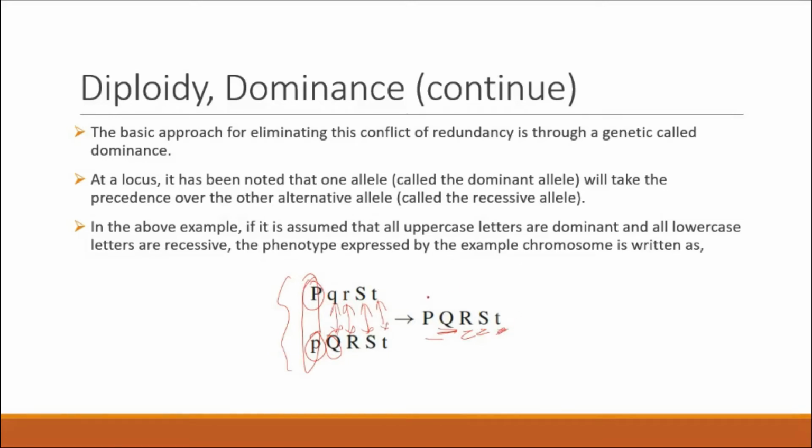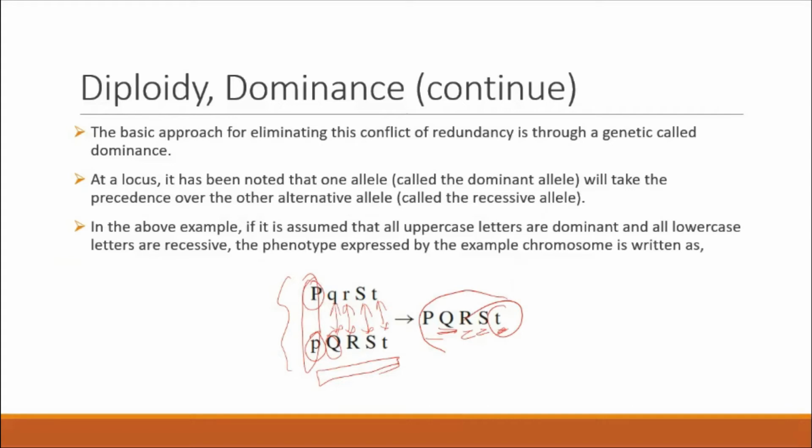So decoding this particular diploid chromosome, what we will obtain is capital P, capital Q, capital R, and capital S, and the last letter will be the small t. This is because the dominance is for the uppercase letters.